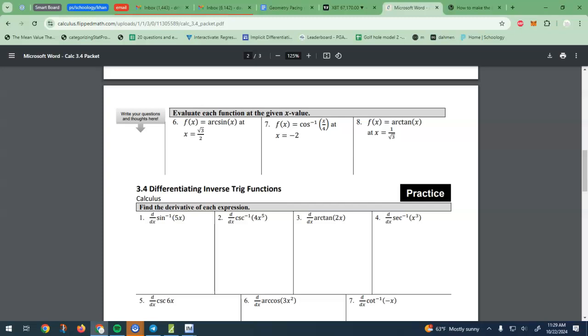It's 1 over the square root of 1 minus the square root of 3 over 2 squared. So, what is the square root of 3 over 2 squared? It'd be 3/4, wouldn't it? Square the top and square the bottom.